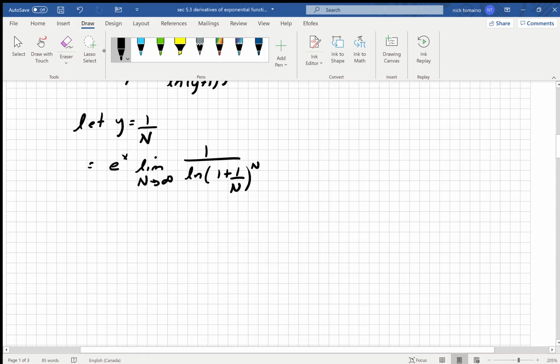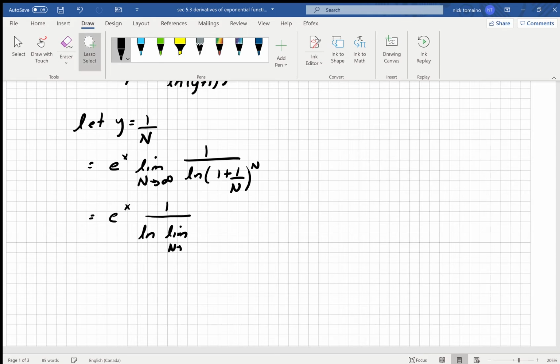Now, this is a rule that we've never learned, but what we can do here is bring the limit actually inside of the ln, and we're going to do that. So we're going to get e to the x times 1 over ln of the limit as n goes to infinity of 1 plus 1 over n to the n.